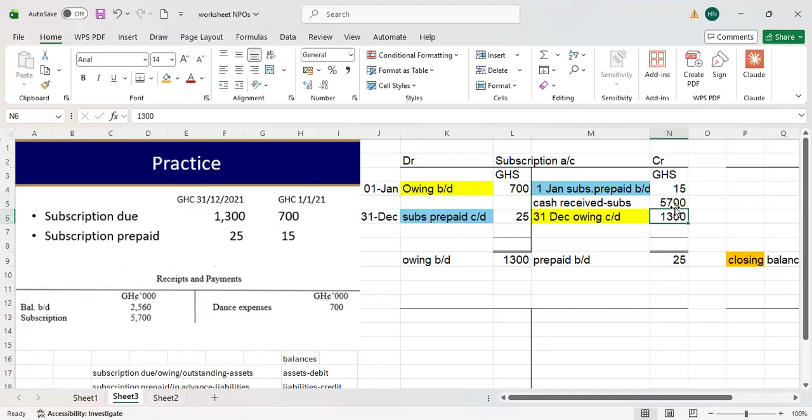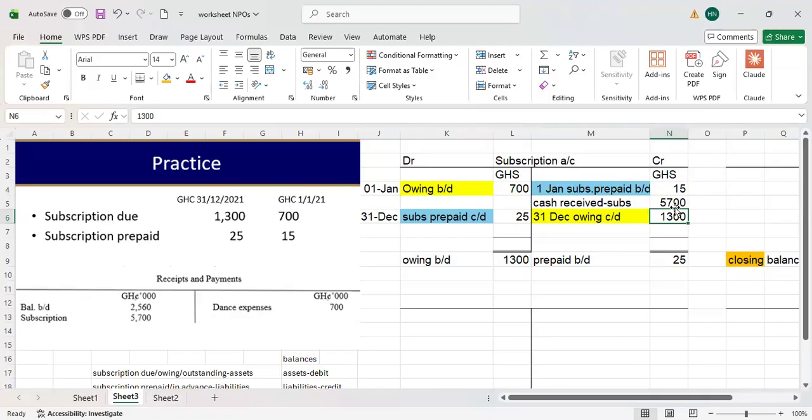Here it's helping you to track how much of your subscription relates to 2021. Some are owing at the beginning of the year, some are owing at the end of the year. This is how much they are owing. We have been able to determine that some have paid in advance, we have received some cash also. This cash could be advance, this cash could be those who are paying now.